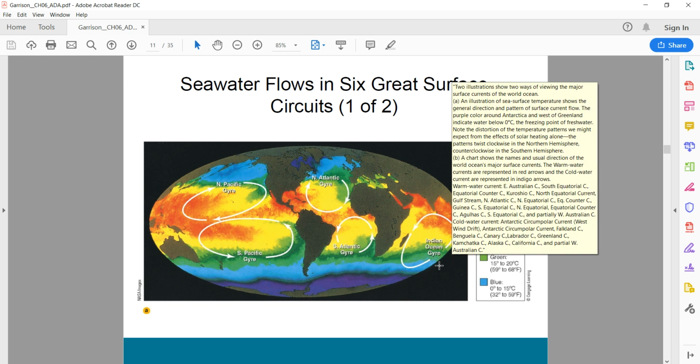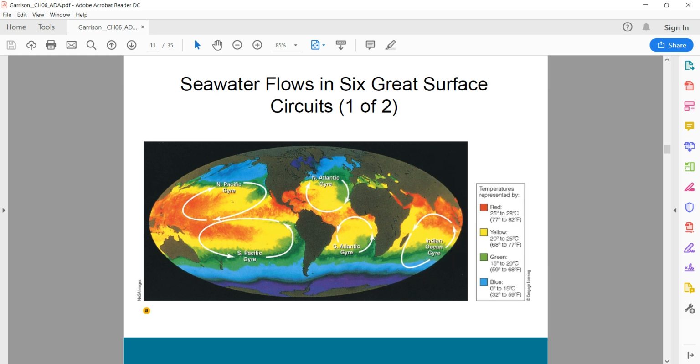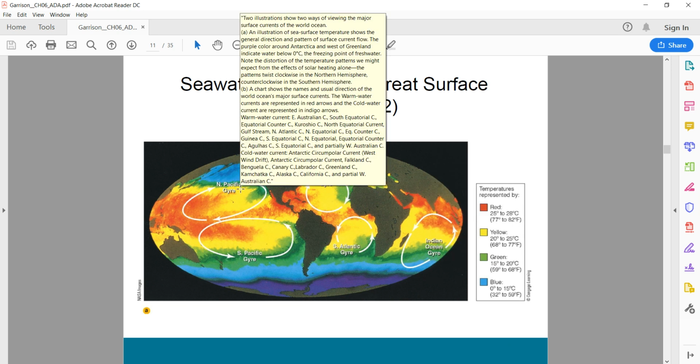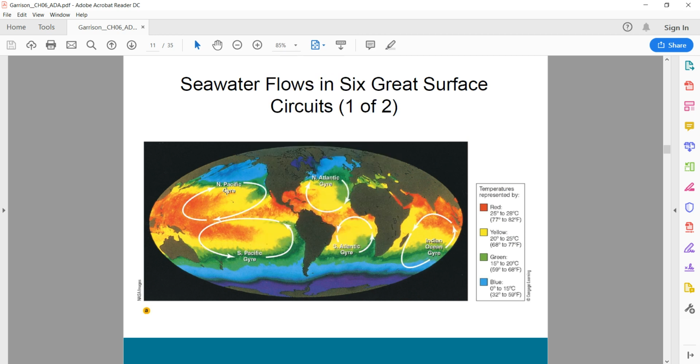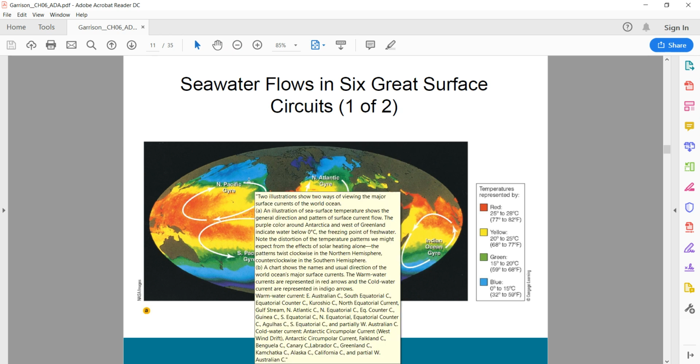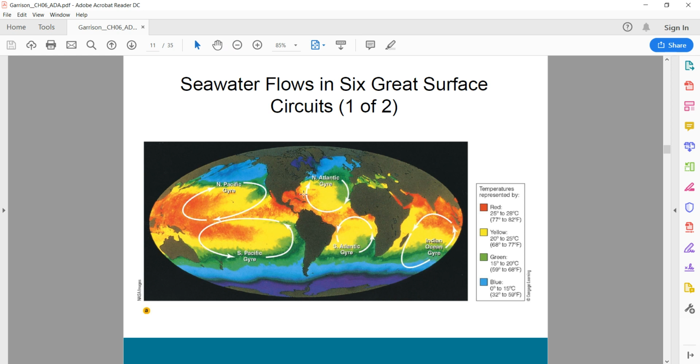So these are your 5 major gyres here. This is North Pacific, South Pacific, in the Pacific Ocean, and this is in the northern hemisphere, so we call it North Pacific. This one is in the southern hemisphere, so we call it South Pacific. And you can look at the direction here. In the northern hemisphere, all the gyres are always clockwise in direction.